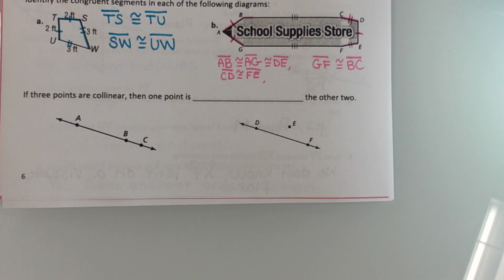I'm not overly picky. Otherwise, commas are only used to separate answers. They don't go in the middle of things. When they're collinear, we don't draw a line above them or anything. We just talk about the points.